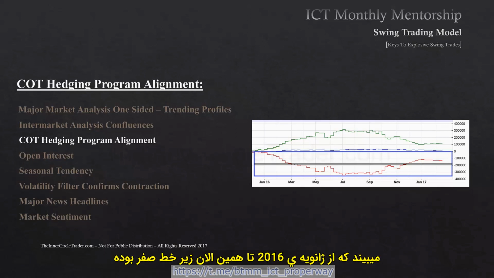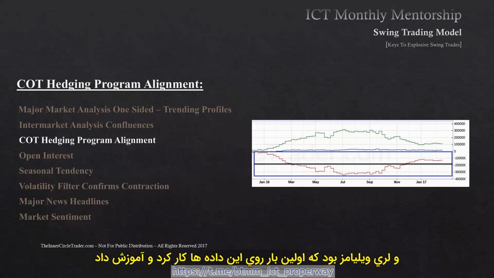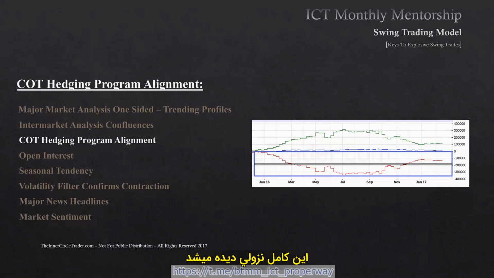You can see from January 2016 all the way to the present, they have been below the zero line. That in itself, by standard definitions and by way of teachings by Larry Williams, who did the majority of the early work on Commitment of Traders reports being made public, this would be deemed as bearish.